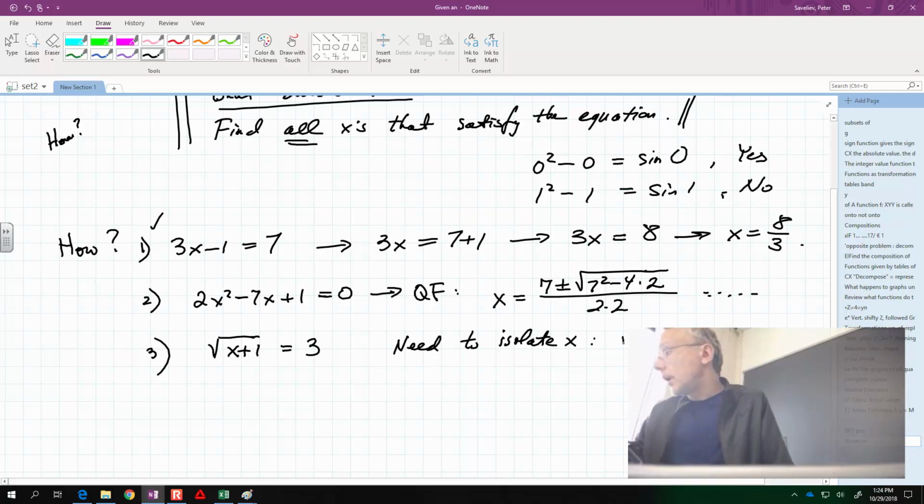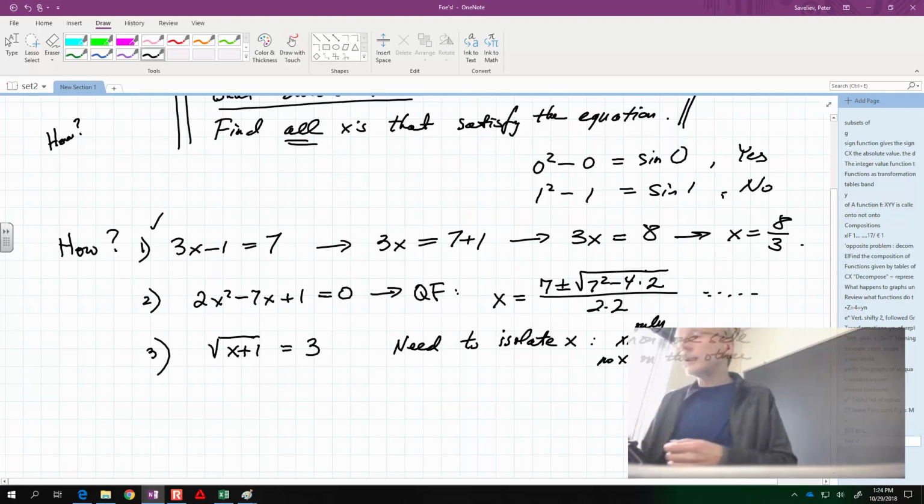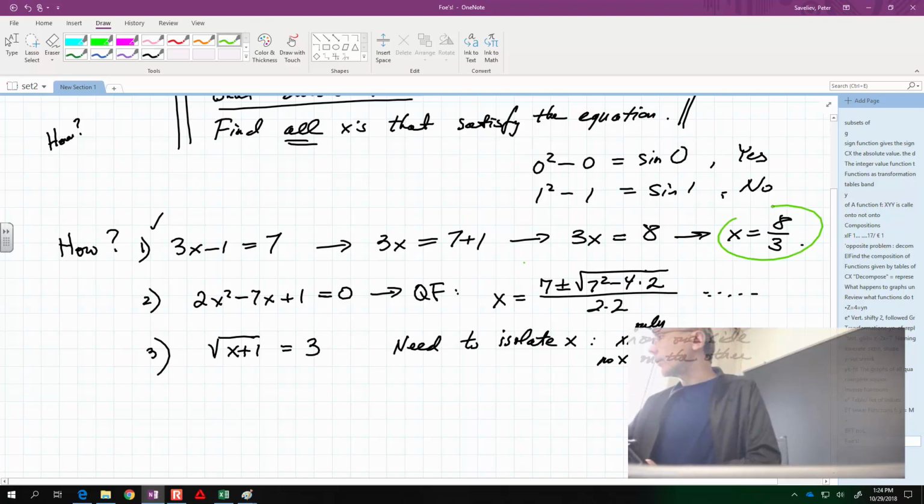So x only on one side and no x on the other. That would do the trick, because just like I just did it, like this or like that. It is still an equation, by the way.